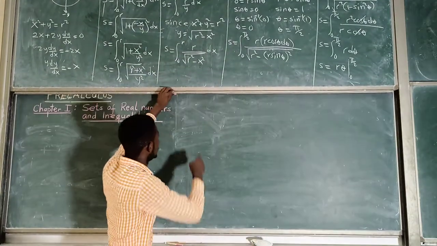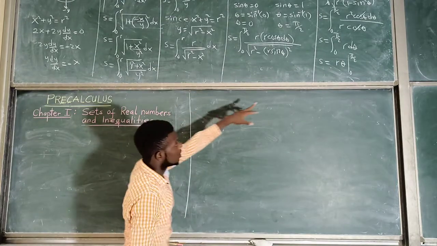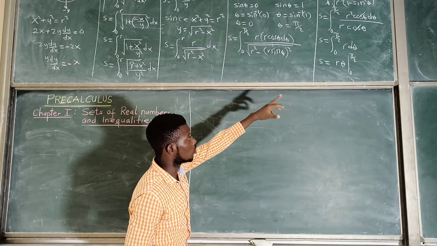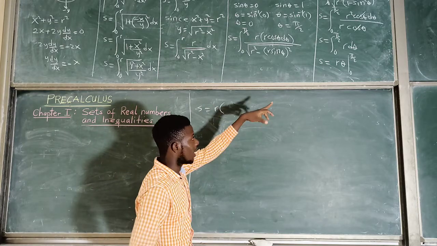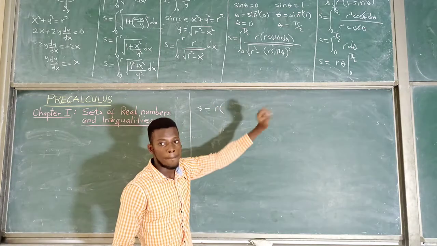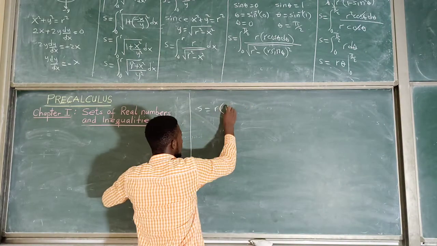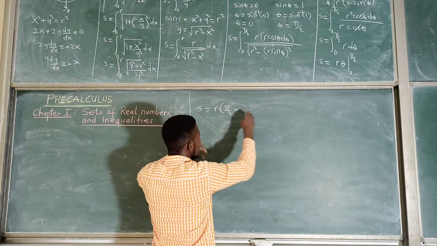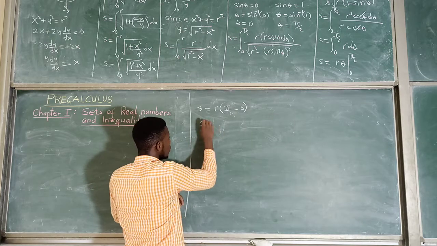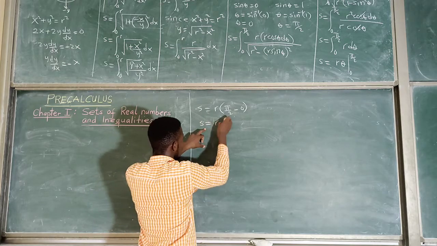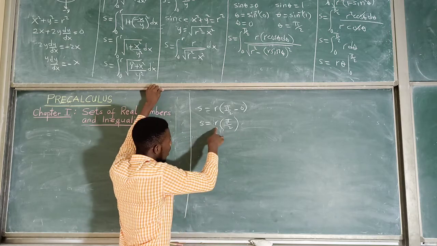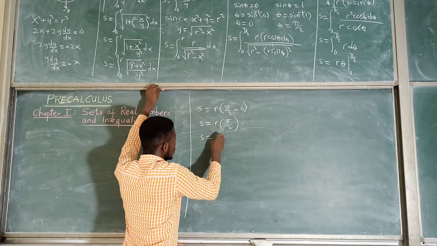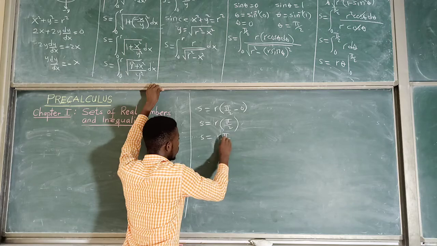So s will just be equal to r, which is a number, times theta, the upper bound minus the lower bound. Upper bound is pi by 2 minus the lower bound is 0. So the length of the arc s will just be equal to r multiplied by pi by 2. Now s equals r pi by 2.